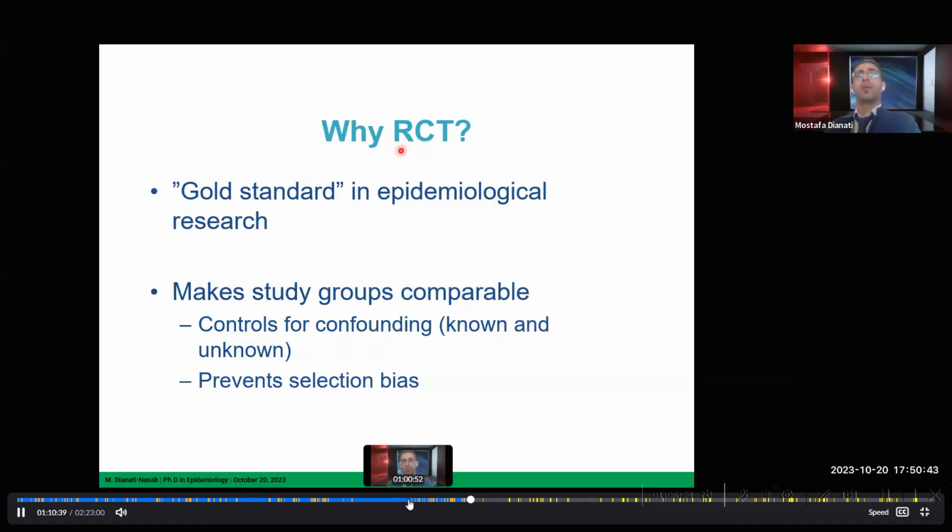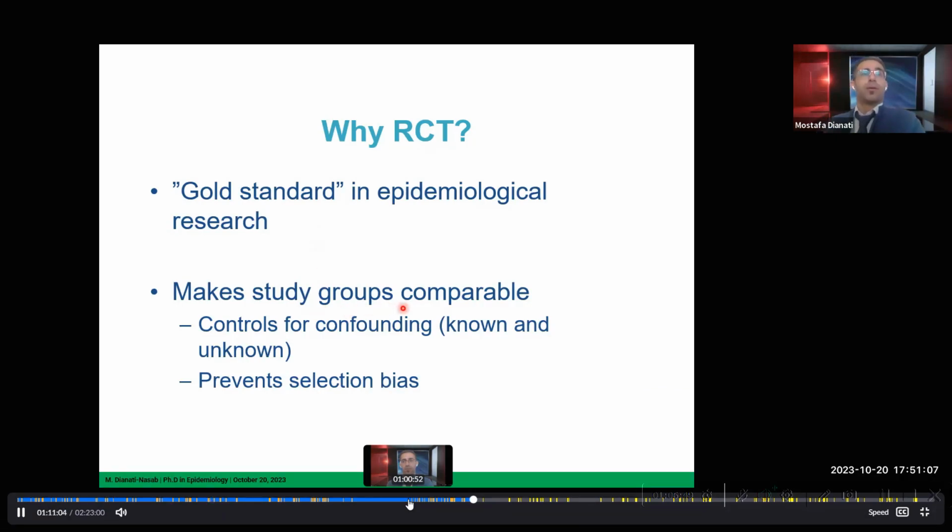So why do we apply RCT, randomized controlled trial? Basically in medical science, in epidemiology, this is the gold standard in research. This is the gold standard in finding the association between any exposure and outcome.